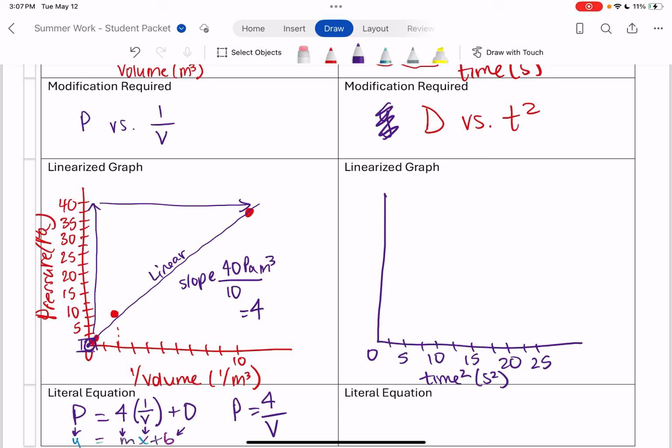And then we didn't change our distance. And our biggest distance was 75, so I'm going to keep that scale. There we go.